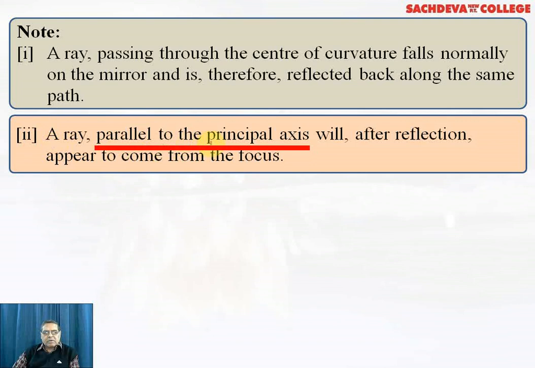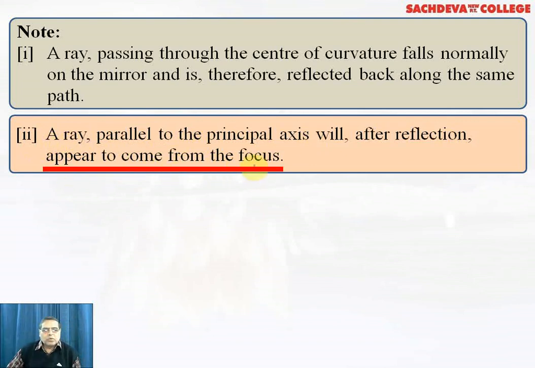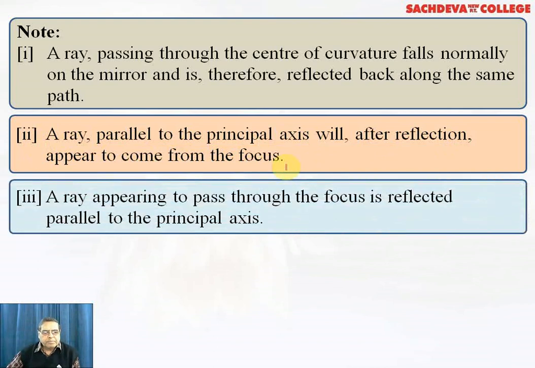A ray parallel to the principal axis will, after reflection, appear to come from the focus. A ray appearing to pass through the focus is reflected parallel to the principal axis. So this is the convention, that a ray of light which is passing through the focus will strike the mirror and then get reflected, moving parallel to the principal axis.